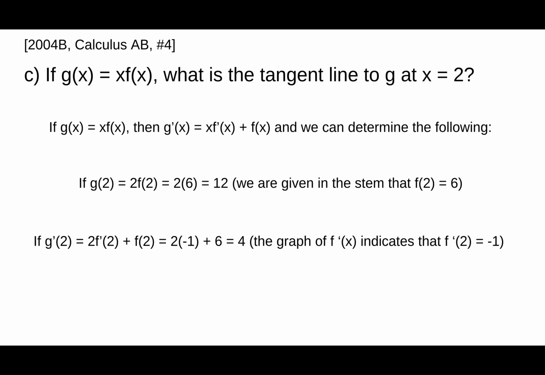We're given from the graph, it's actually one of the points on the graph, that f prime of 2 is -1, so I can directly substitute in -1 from the graph. So g prime of 2 is 2 times -1 plus 6, which is 4. So now I know that g of 2 is 12 and g prime of 2 is 4. So the tangent line to g at x equals 2 is going to be y minus 12 equals 4 times x minus 2.